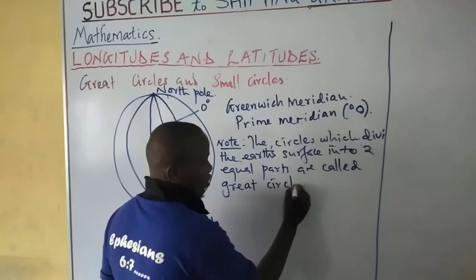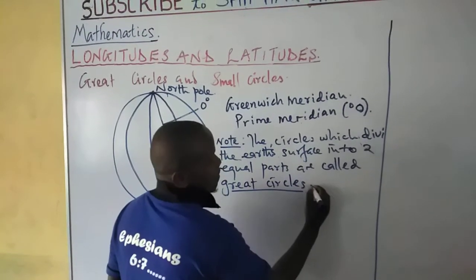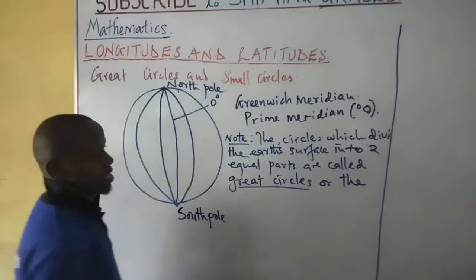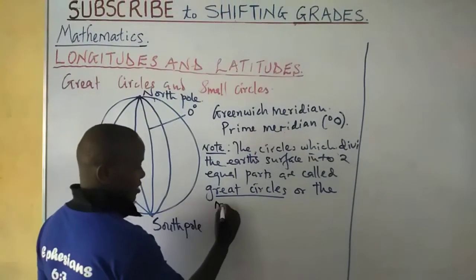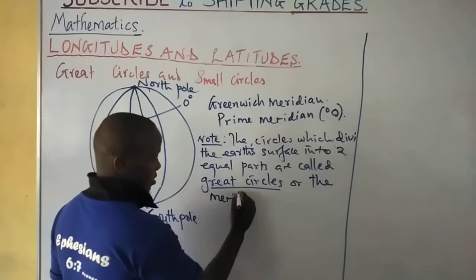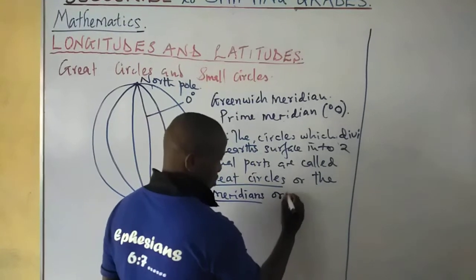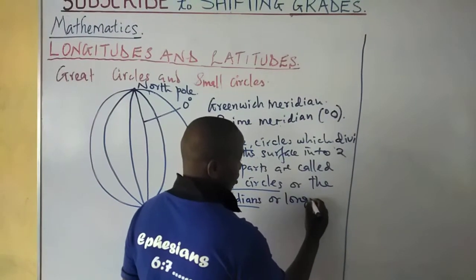They are called great circles. Therefore, we are saying these great circles are also called the meridians. They are the meridians or longitudes in general.